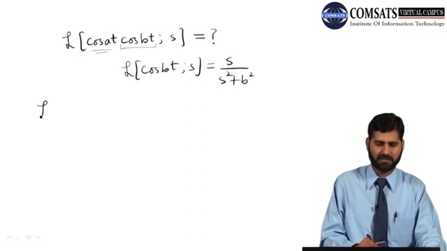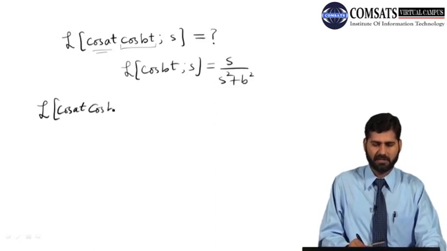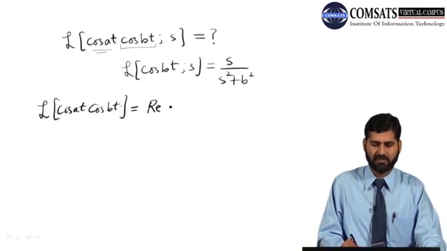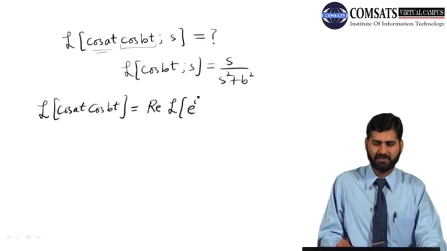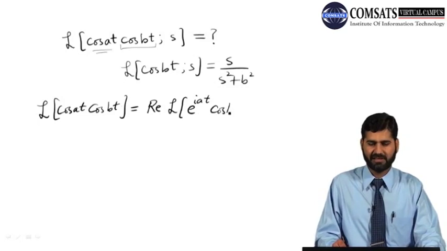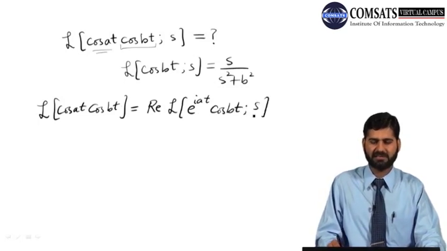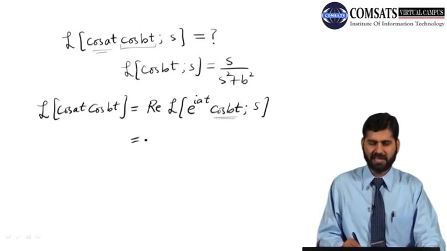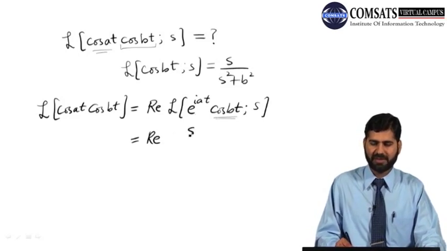All of a sudden it comes to our mind that cosine at is nothing but the real part of e to the iota at, multiplied by cos bt. Now we know the transform of cos bt. By multiplying with e to the iota at, we are doing nothing but replacing s by s minus iota a.